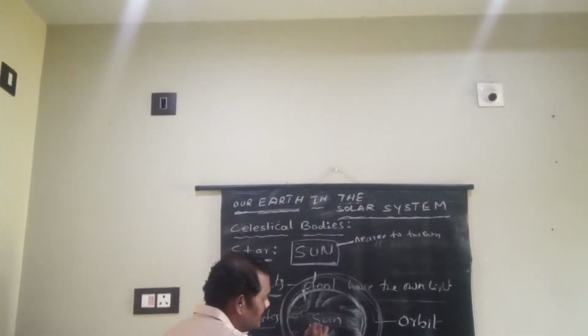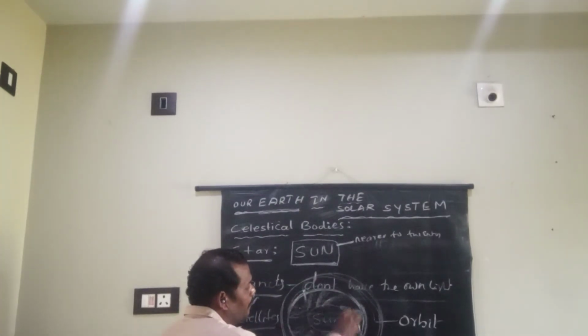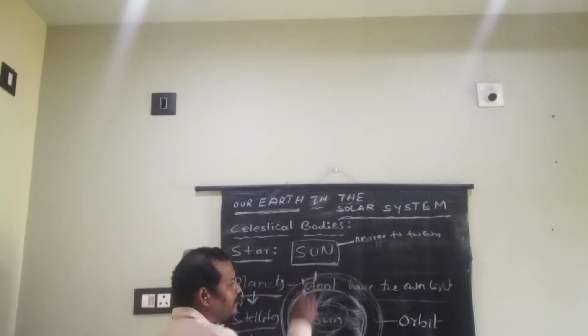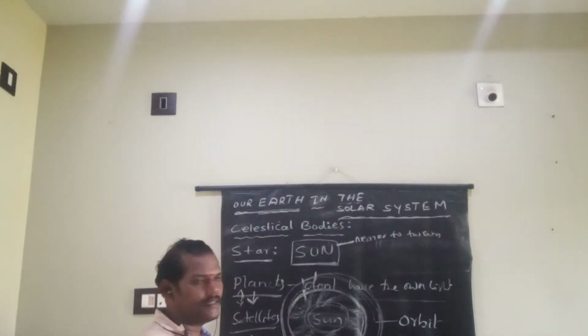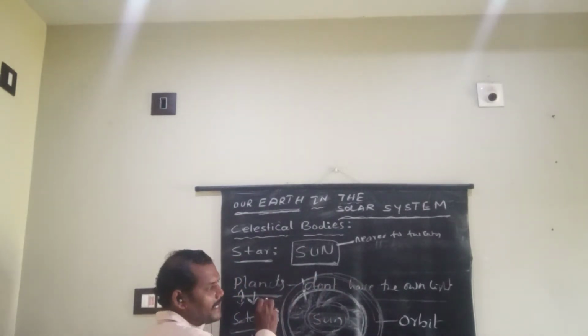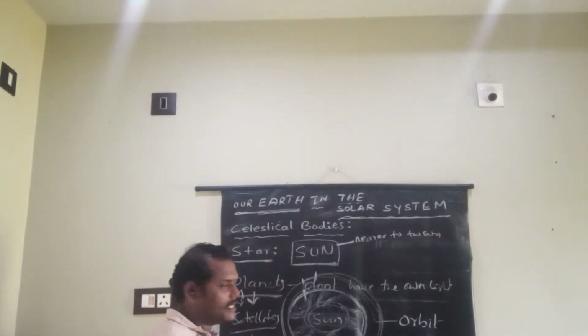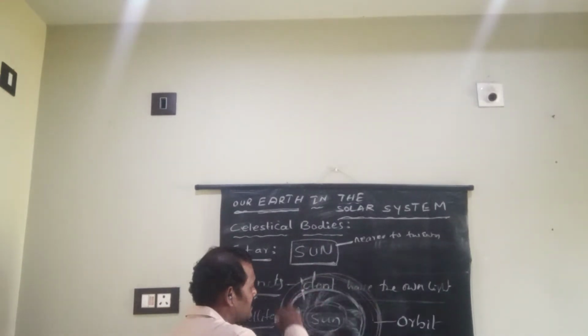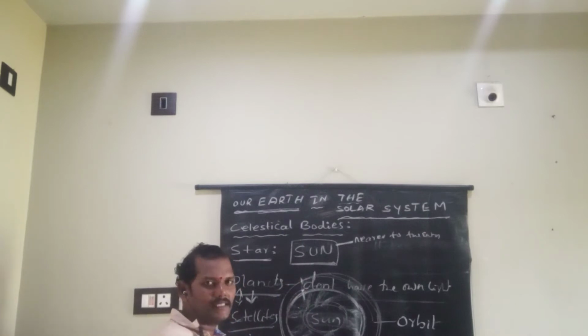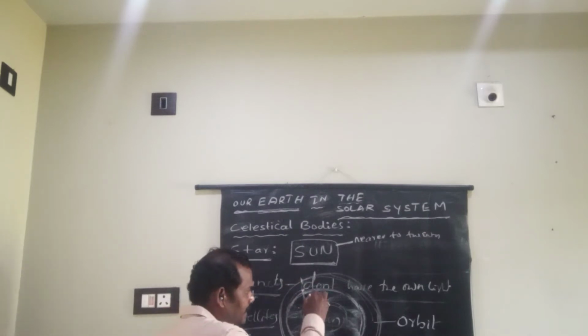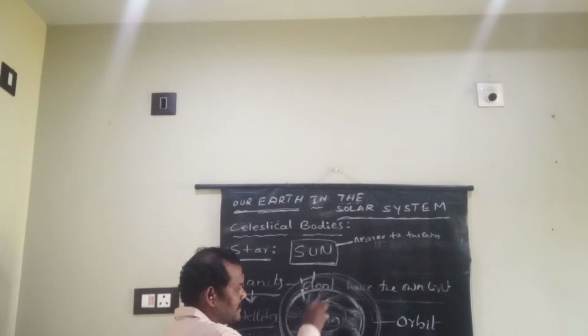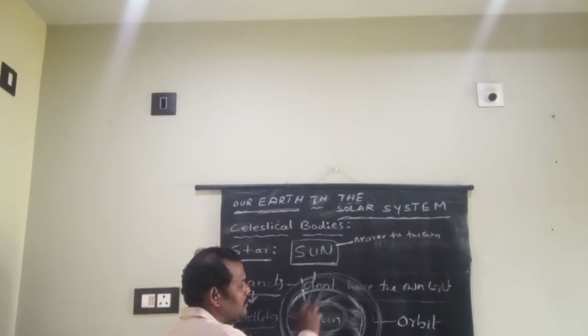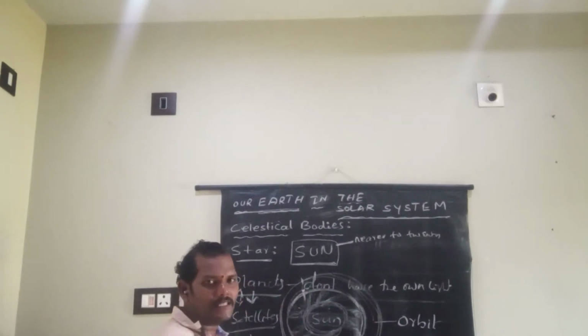This sun is the main source of energy to all these planets. Here the planets means the natural bodies around the sun. These planets are getting the heat and light from the sun. That means the sun is the major source of energy of these planets.